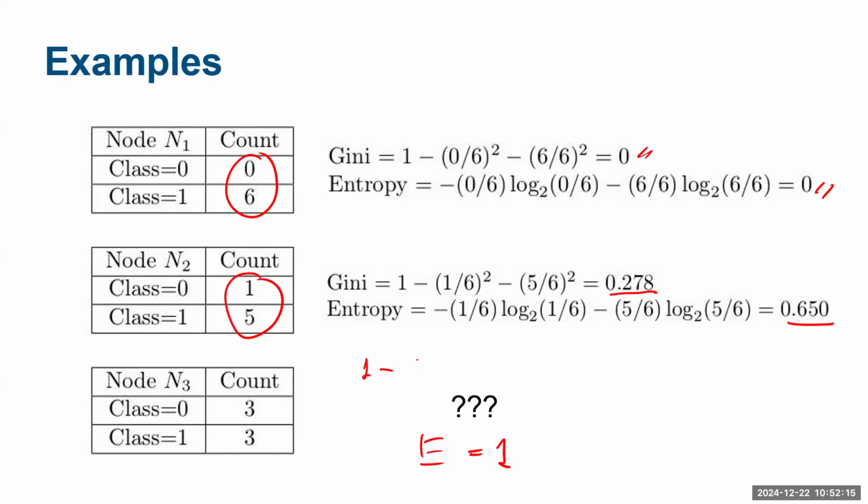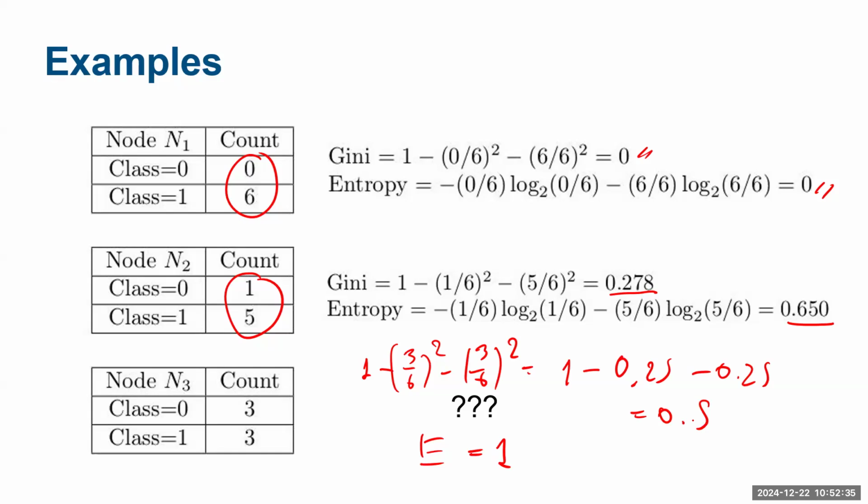You have 1 minus 3 over 6 squared minus 3 over 6 squared. What do you get? 1 minus 0.25 minus 0.25 equals 0.5. So the entropy ranges from 0 to 1, while the Gini index ranges from 0 to 0.5. They are different ranges, but the meaning is the same: the lower the value, the better.